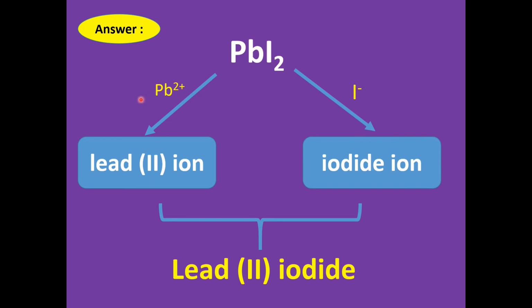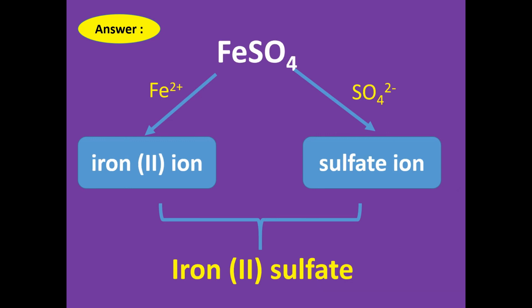PbI2 comes from Pb2+, lead(II) ion, and I-, iodide ion. So, the name of PbI2 is lead(II) iodide.